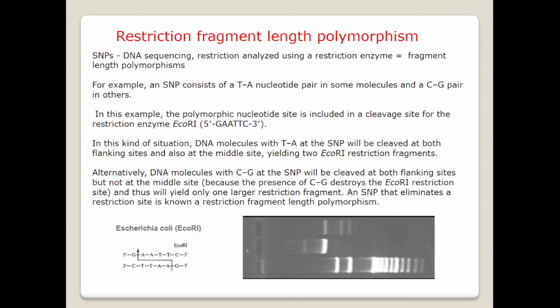So if we know which polymorphism we have, we can find a restriction enzyme and give it the task to make restriction.